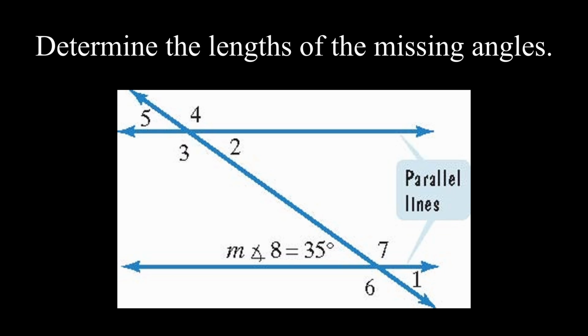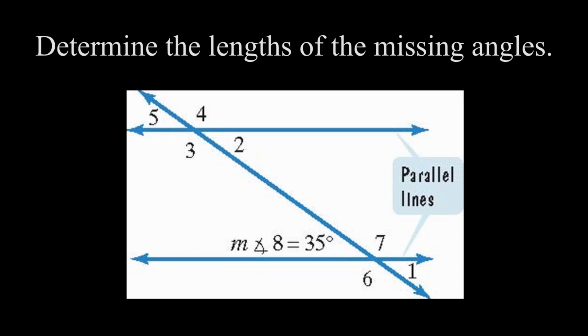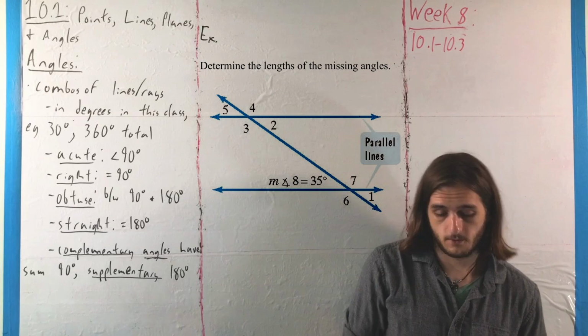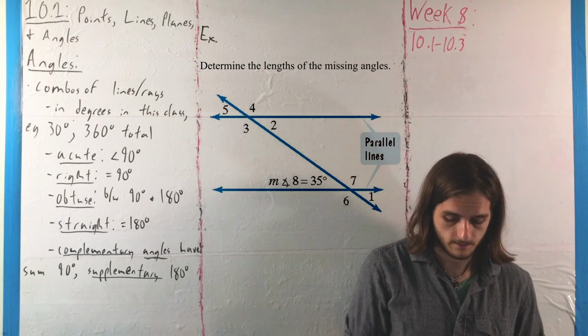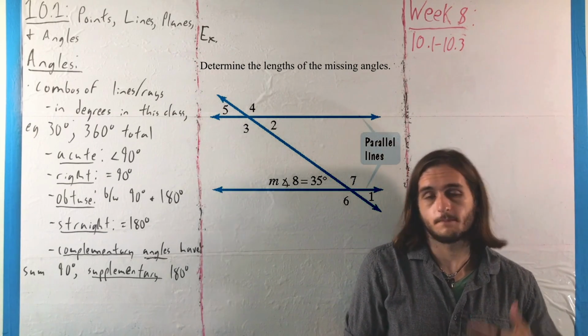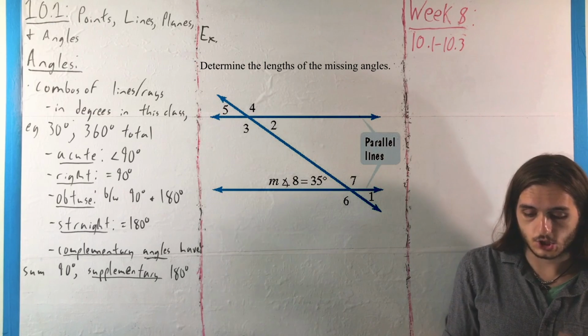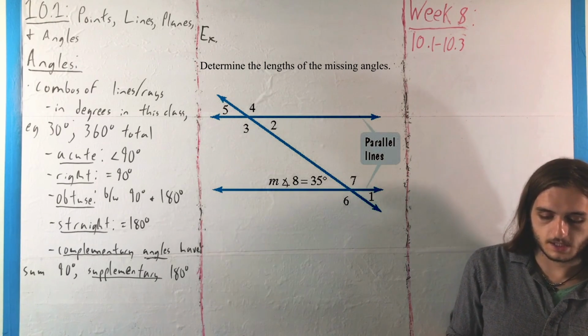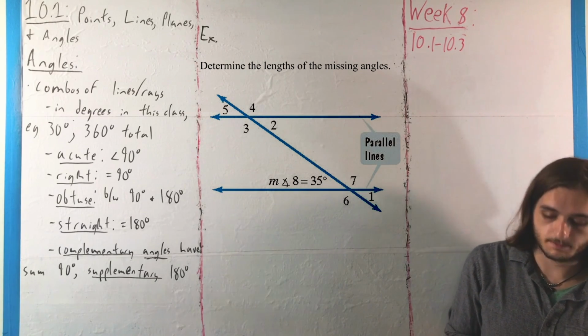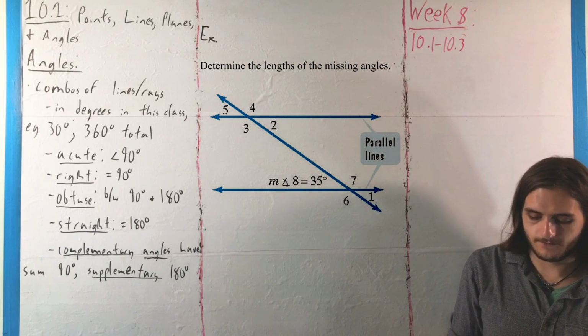So for the parallel and transversal lines given below, determine the missing angles given that the measure of angle 8 is 35 degrees. And there are a whole bunch of different ways that we can go about getting all of these things, whether we want to jump straight to the relationships we saw in terms of alternate interior, alternate exterior, corresponding angles, what have you.